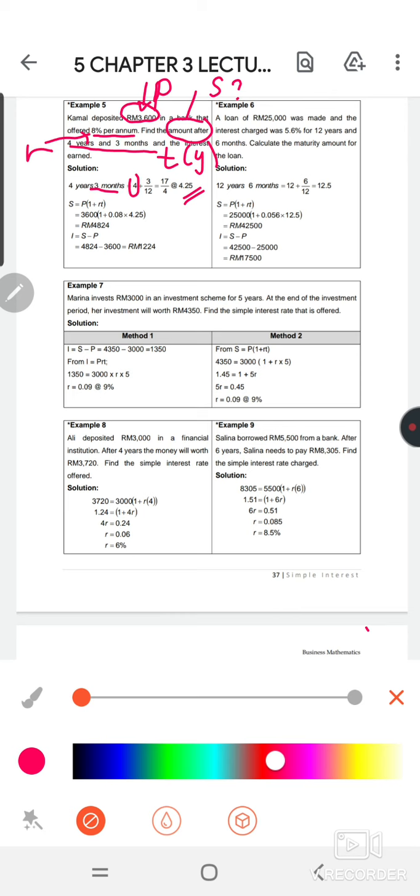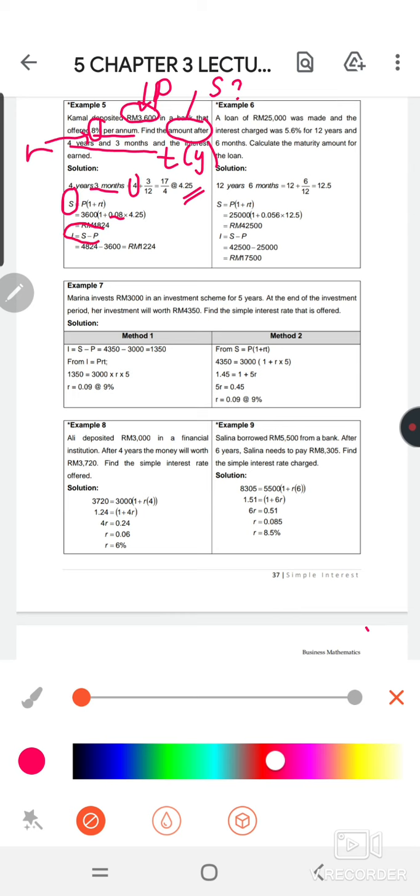So your P is 3,600, 1 plus your R is 0.08 here, and your T is 4.25. After you calculate, you will get 4,824. So this is your total amount. Okay, now the interest earned. They just want the interest earned here, so you just calculate I equals to S minus P.